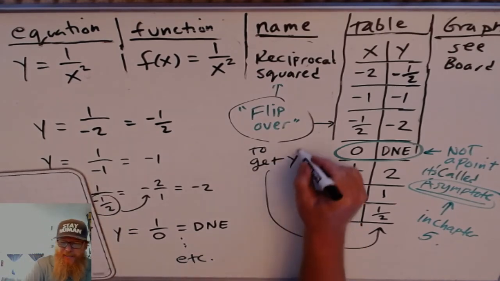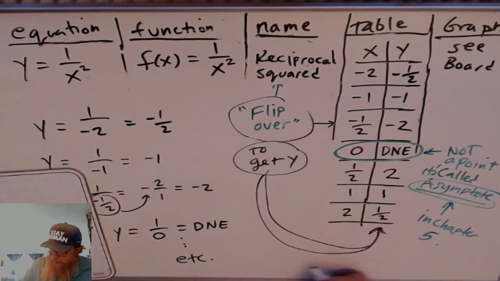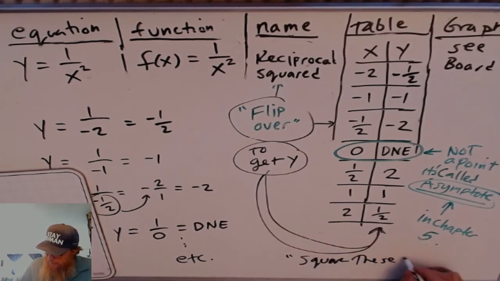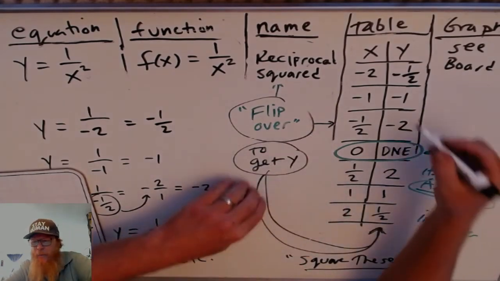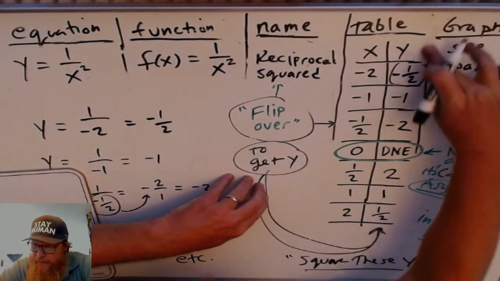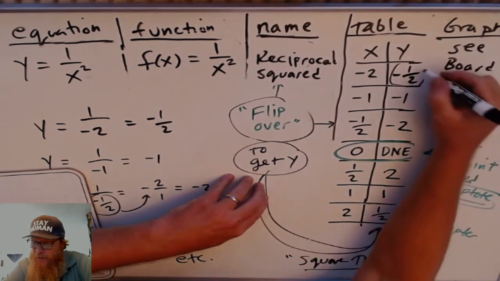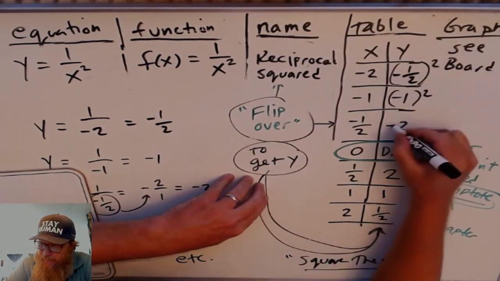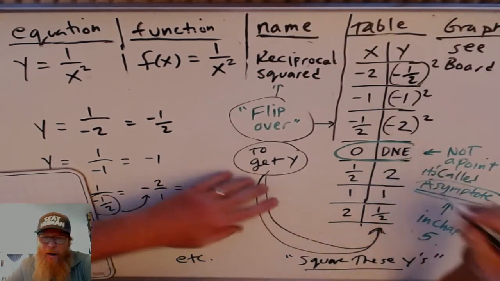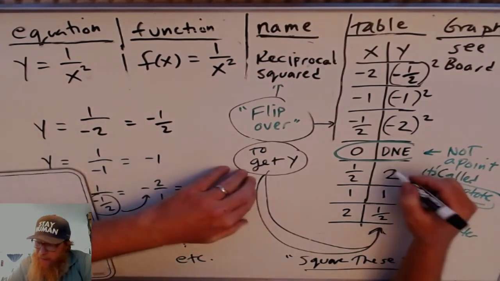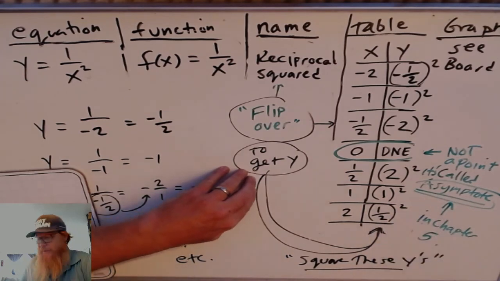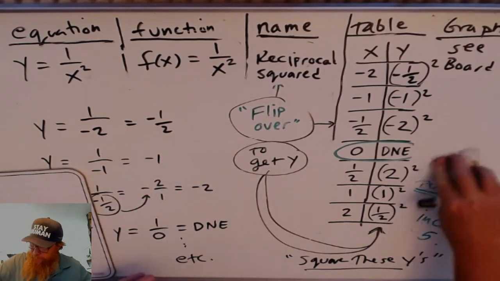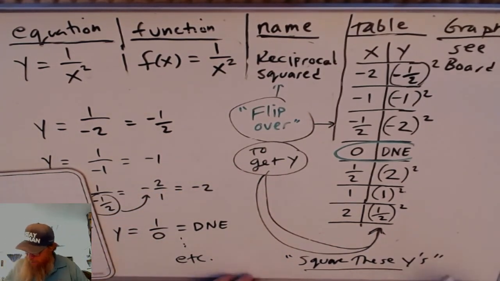In order to get y, square these y's. In other words, square the y's that we just had. Now I don't have to do all of this over again. You can't square something that doesn't exist, so skip that one. Just square all of these. So you're getting another BOGO.